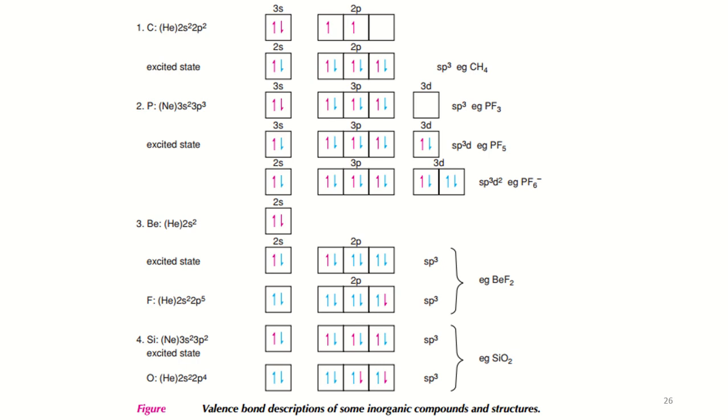Example 3 is beryllium, for which one of the 2s electrons is promoted to an empty 2p orbital, giving the valence state of 2, but the 2 empty 2p orbitals are able to accept electron pairs from negatively charged donors, giving the sp3 tetrahedral coordination.